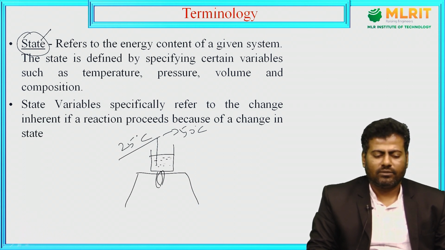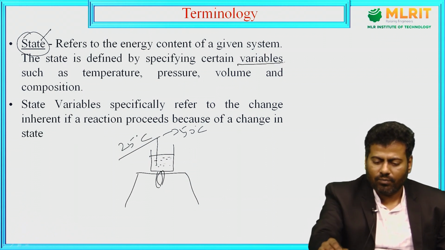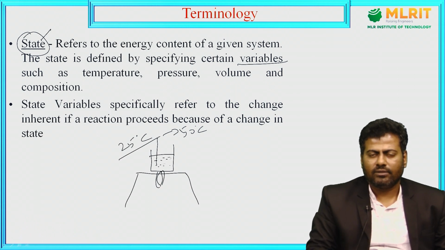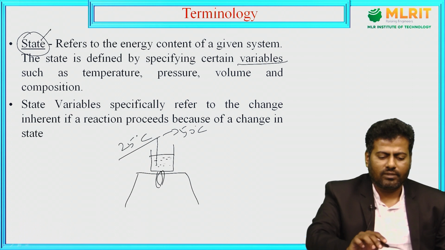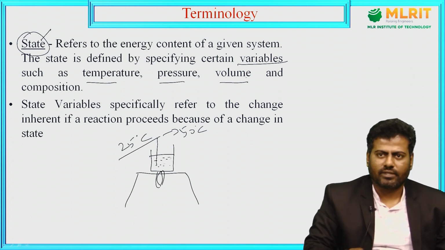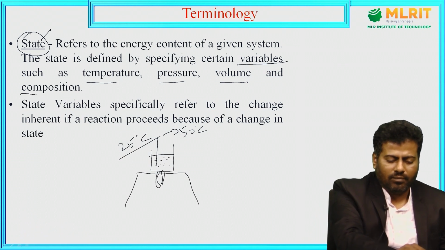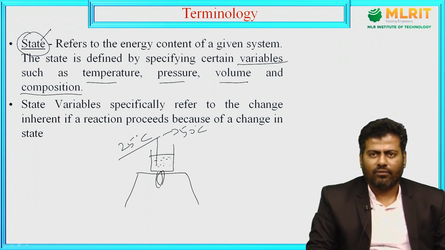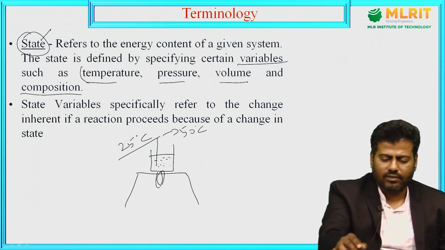The state is defined by specifying certain variables, or properties, that we have inside the system, such as temperature, pressure, volume, and composition. Composition is applicable for chemical engineering. For thermodynamics we consider these three.